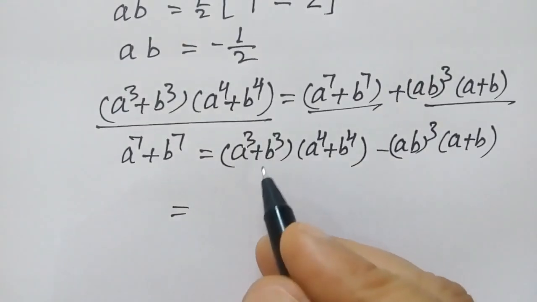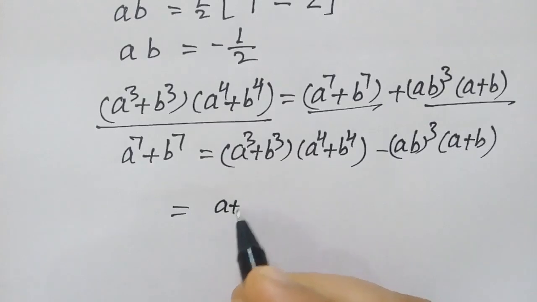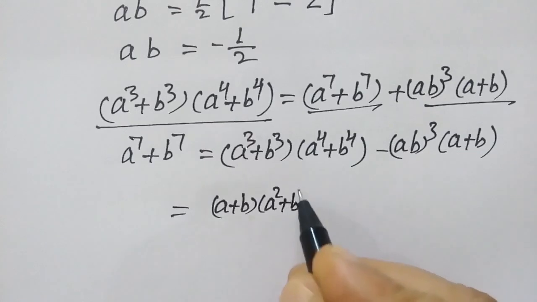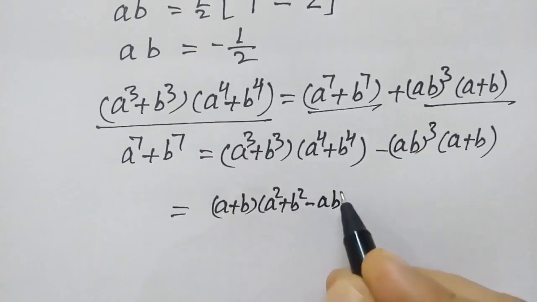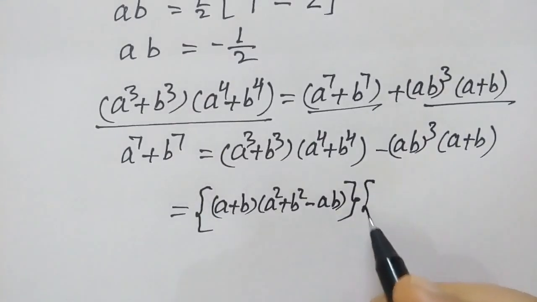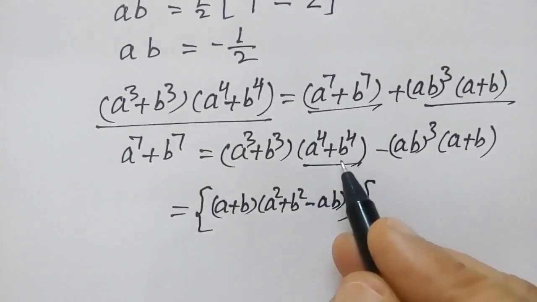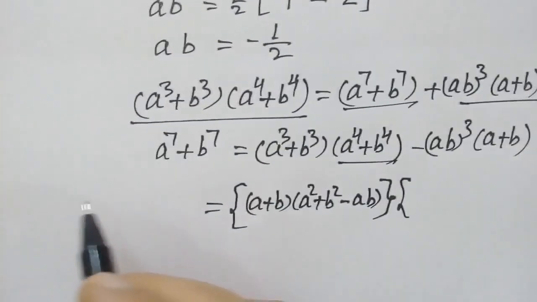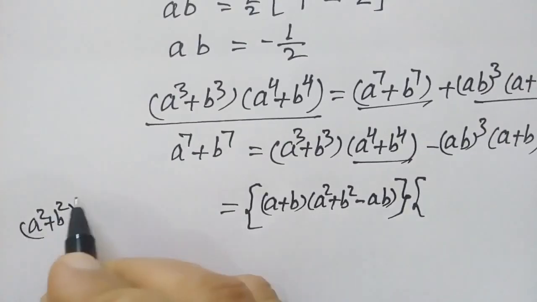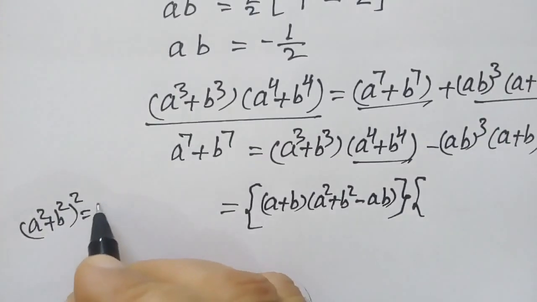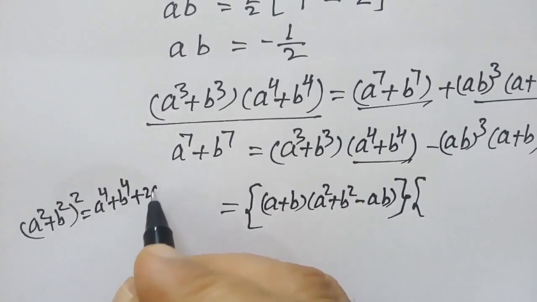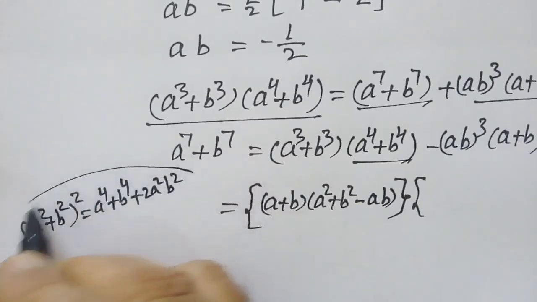As we know, a cube plus b cube is (a plus b) into (a square plus b square minus ab). And for a to the power 4 plus b to the power 4, as we know, (a square plus b square) whole square is equal to a to the power 4 plus b to the power 4 plus 2a square b square.